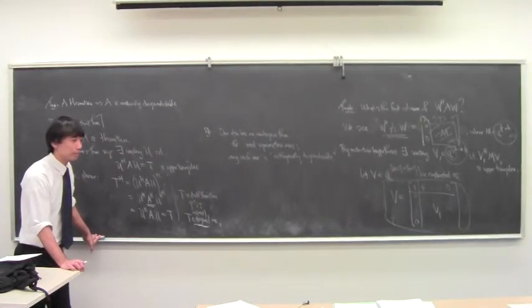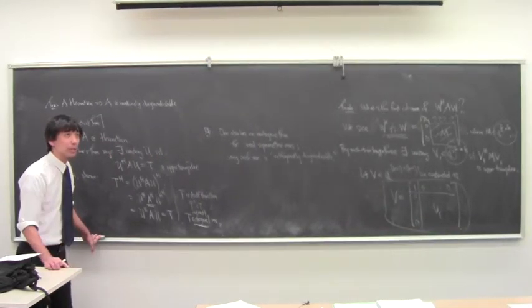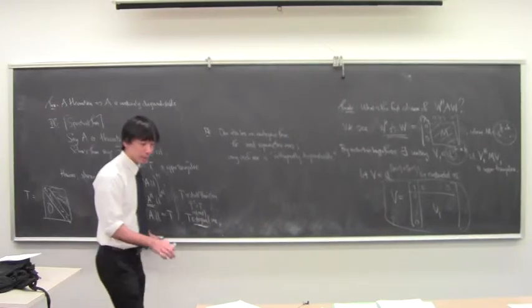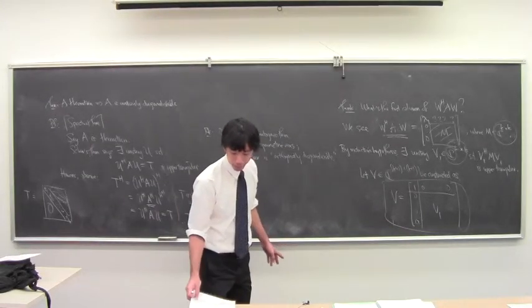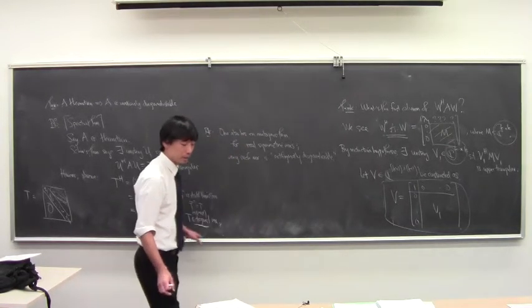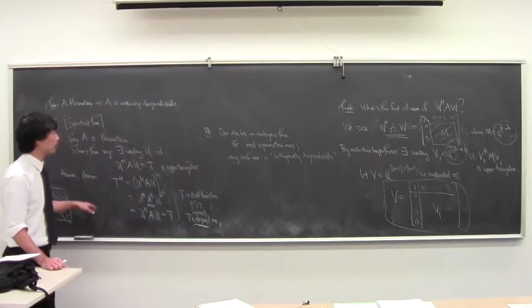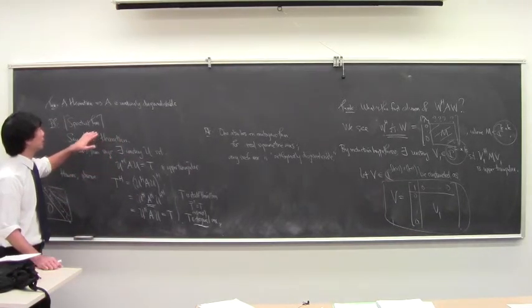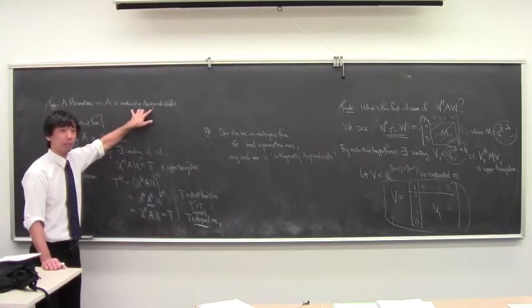Okay. So I'm going to stop here for today. The next thing we're going to talk about is a class of matrices where we can actually answer the question of being unitarily diagonalizable completely.